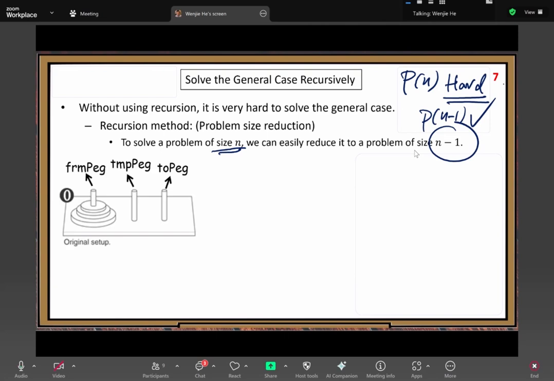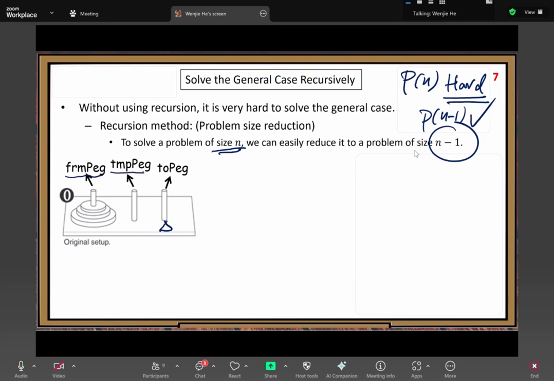All right. So now let's look at the general solution. Two peg, that's the destination peg. From peg, beginning peg, then the middle one, temporary peg.